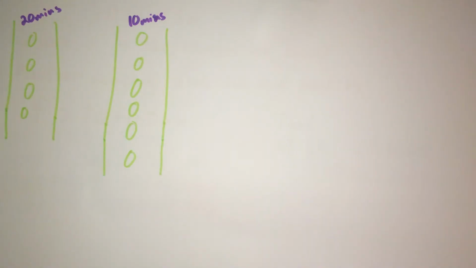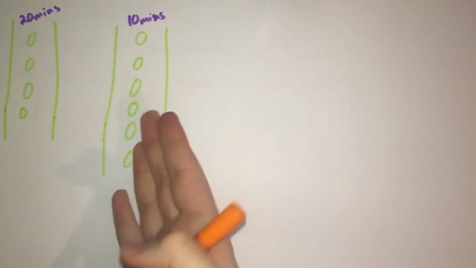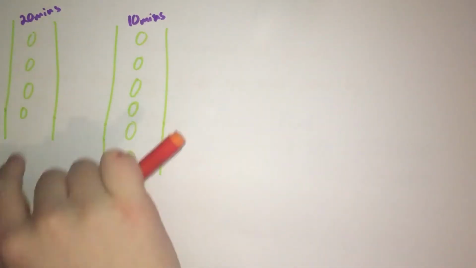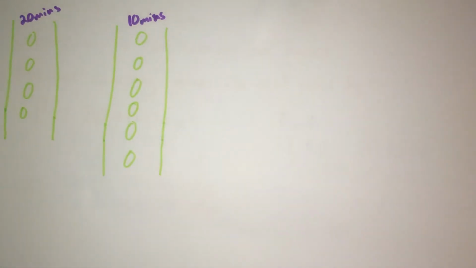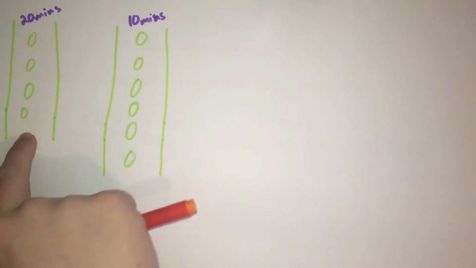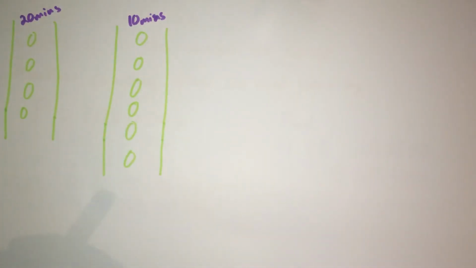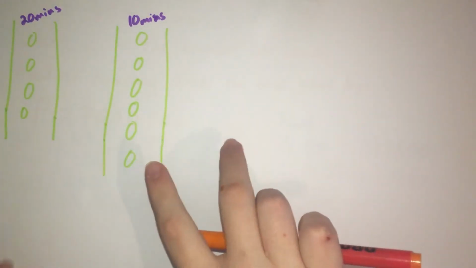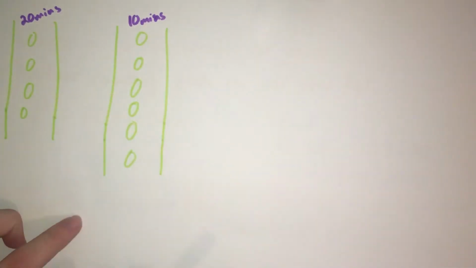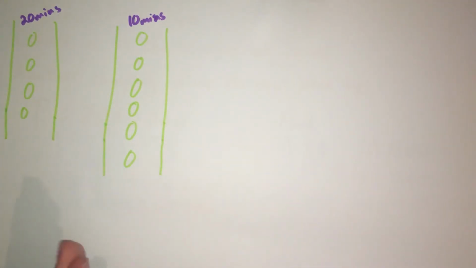Okay, so here are 2 alleys, and this one has 4 people, this one has 6 people. In this alley, each person will take 20 minutes, and in this alley 10 minutes. We want to find out which alley is quicker to get through. So I want you now to find a model to see what is quicker in many circumstances, a general formula you can use to solve.